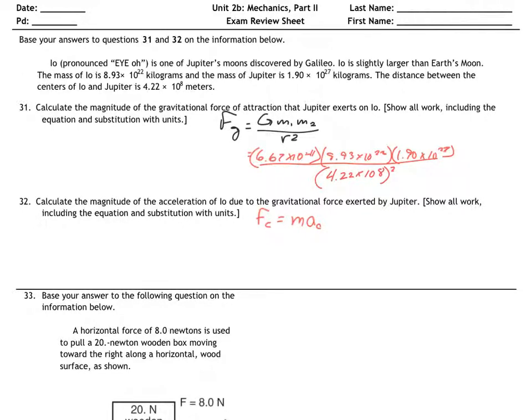I really recommend separating the coefficients of each of the scientific notations from their exponents and calculating them separately. So I'll do that in blue right now. I'll just multiply the coefficients and divide the coefficients. And the value I got, remembering to square the 4.22, was 6.35.